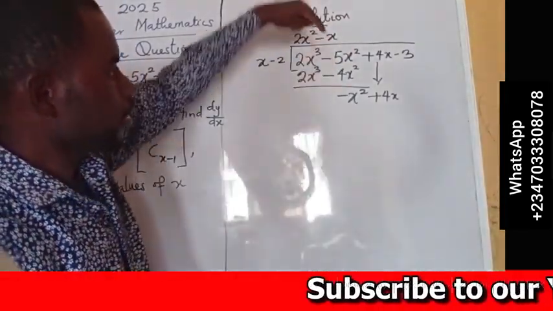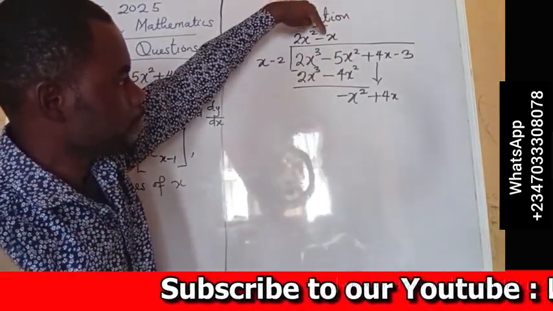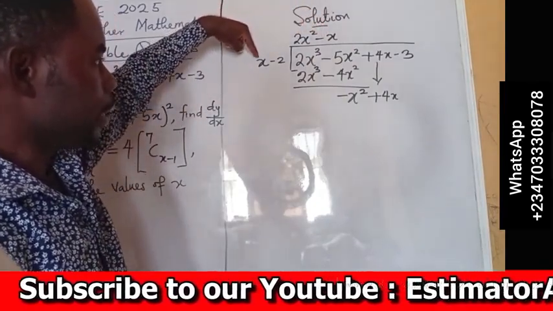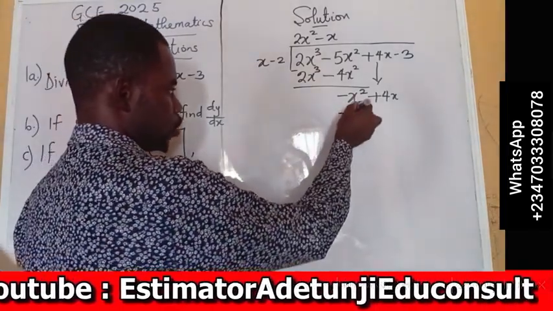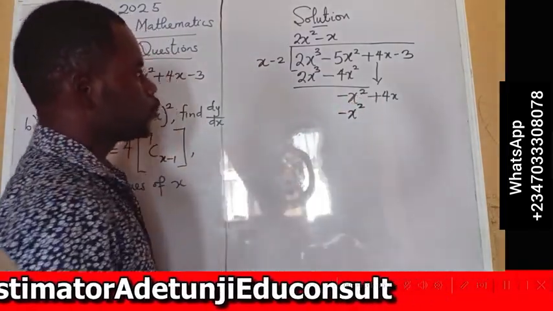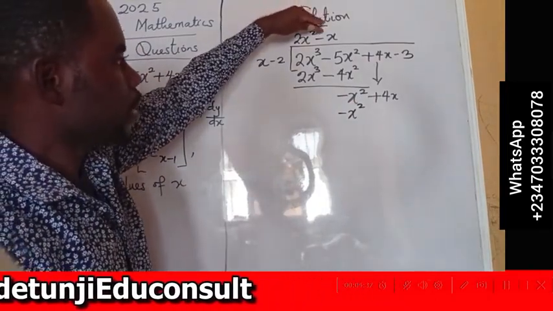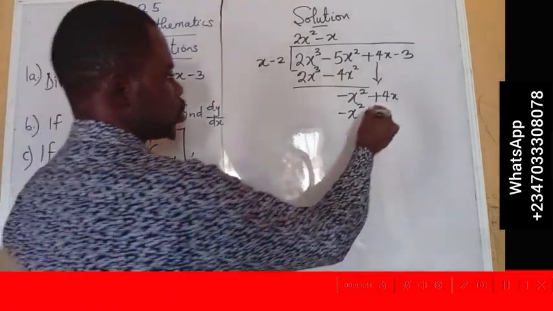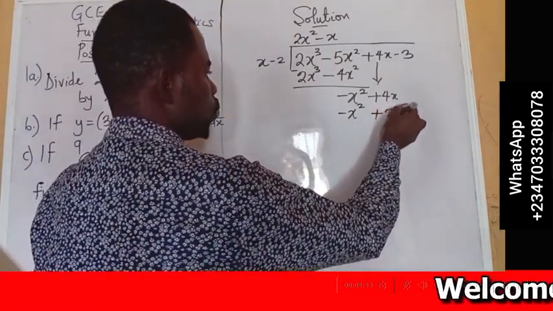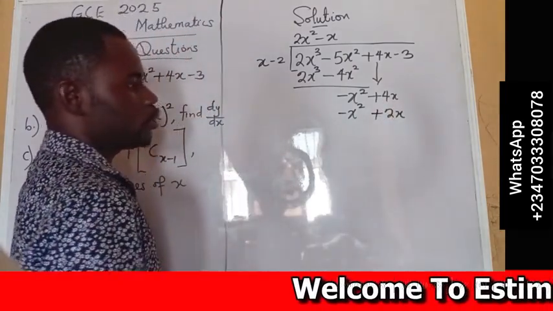Now let's multiply again. See my hand, minus x multiplied by x. We are going to have negative x squared. We go again. Negative x multiplied by negative 2 will give us plus 2x. So now let's subtract.